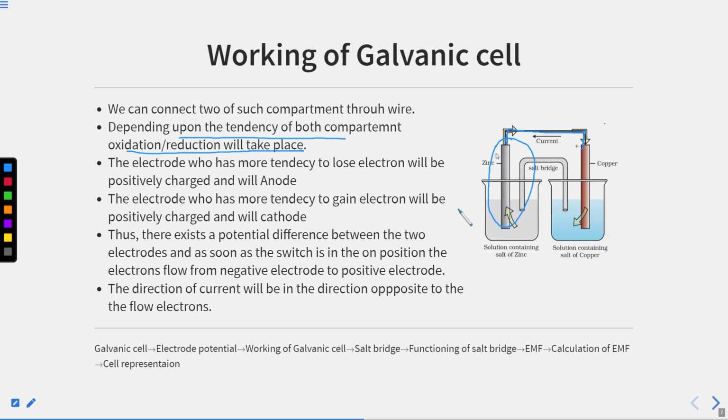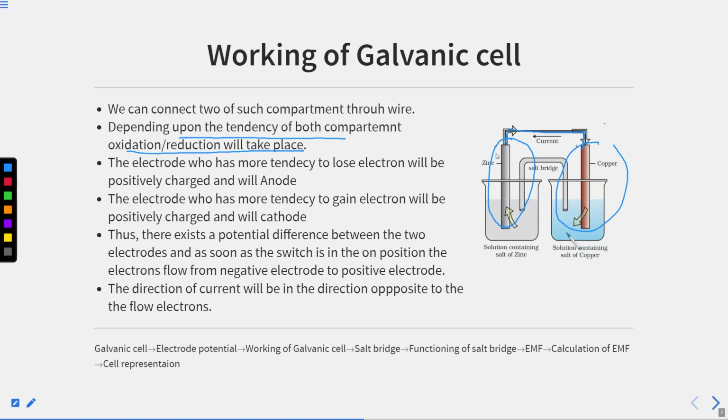Now the two tendencies will compete with each other. Suppose it has a greater tendency to lose electrons and the other has a greater tendency to gain electrons. I told you earlier that Cu will go into the solution. So this metal has a tendency to go into the solution.